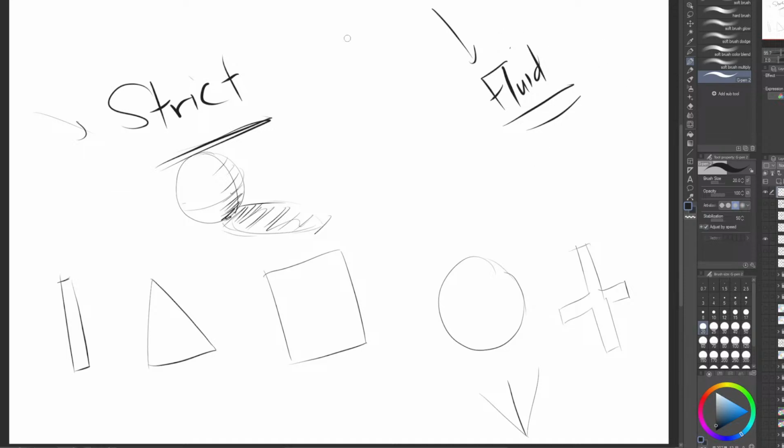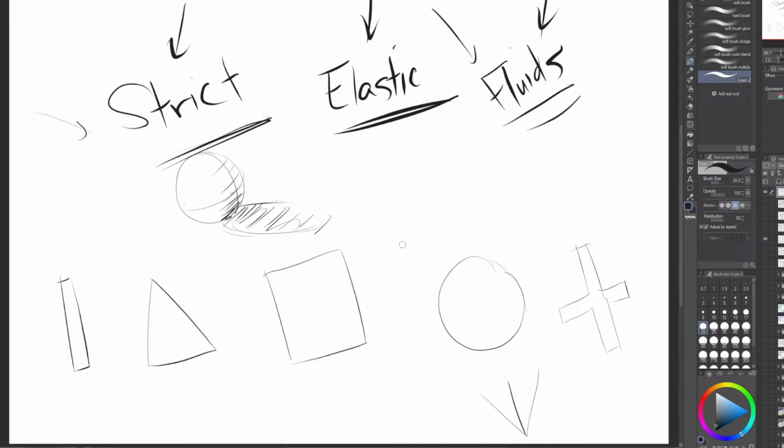But if it's elastic, it's going to be somewhere in between. So you're going to have strict fabrics, elastic fabrics, and fluids. And they're going to behave differently.